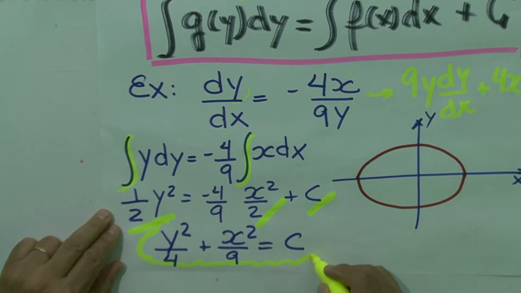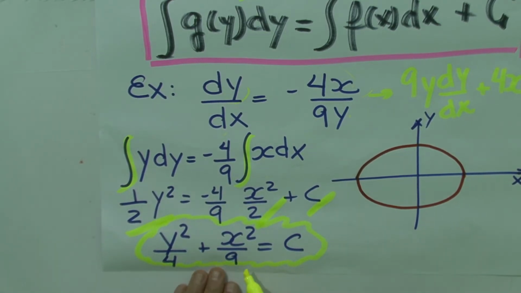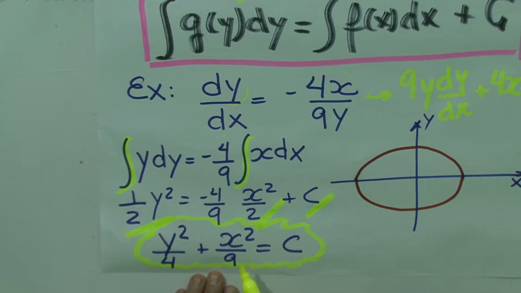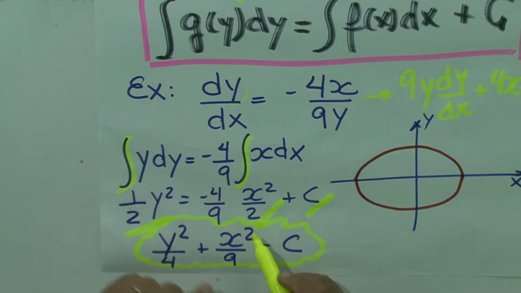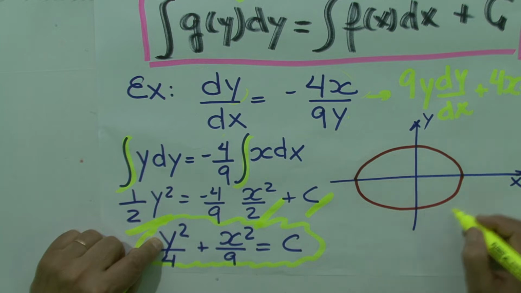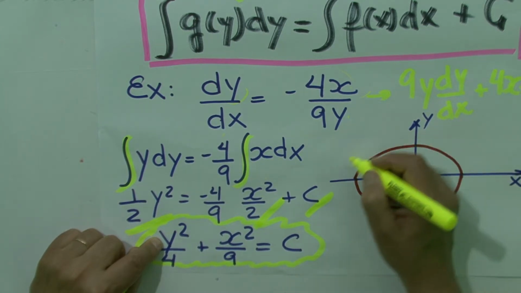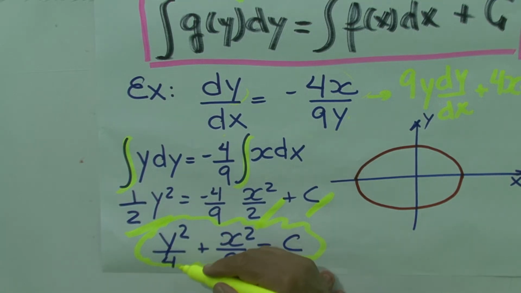You may recognize what this equation is. This is the equation of an ellipse. So the function y of x is exactly the curve that generates an ellipse. Of course, here, these squares give the short axis and the long axis.